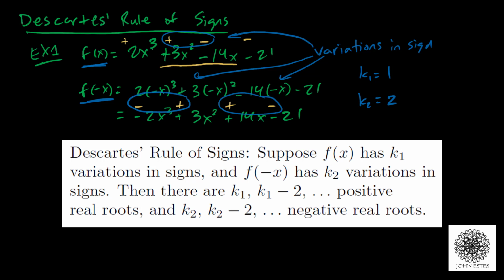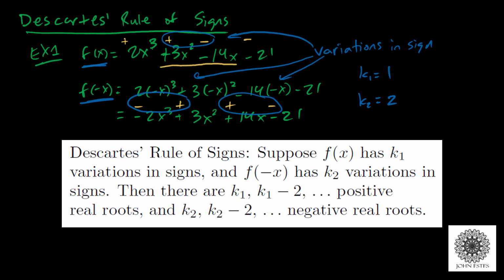So the variation in signs of f of x tells you something about the number of positive real roots possible for this function. And secondly, there are k2 or k2 minus 2 or k2 minus 4, or k2 minus some sort of even number, negative real roots. So the number of variations in sign in f of negative x tells you something about the number of negative real roots that we can have.